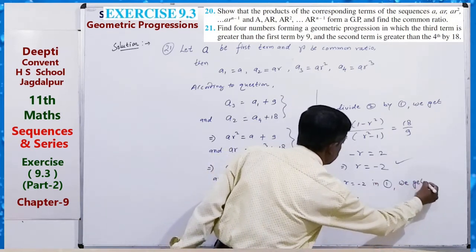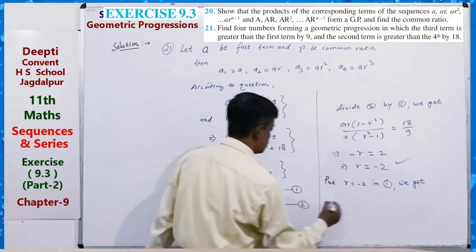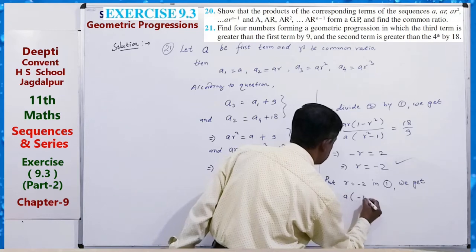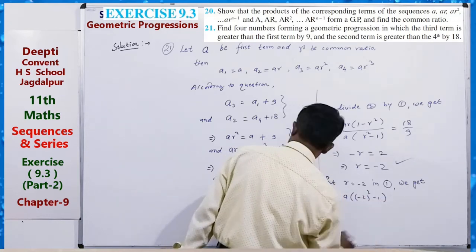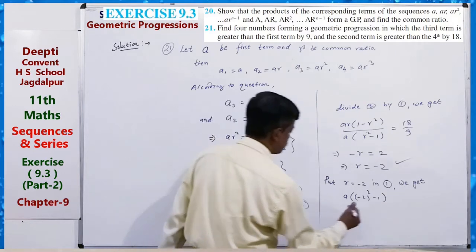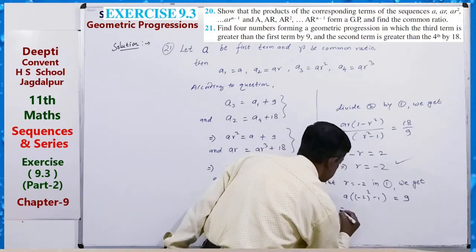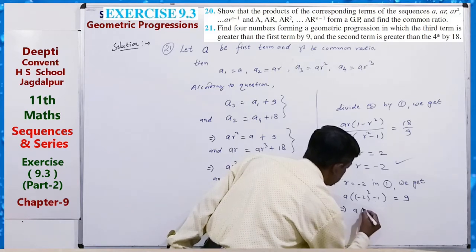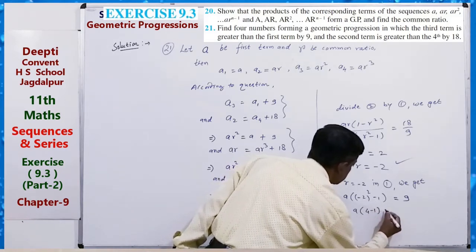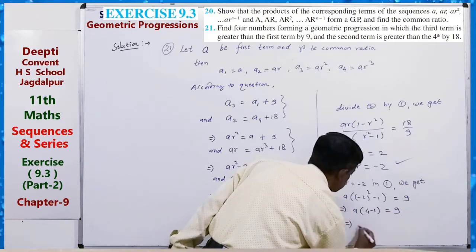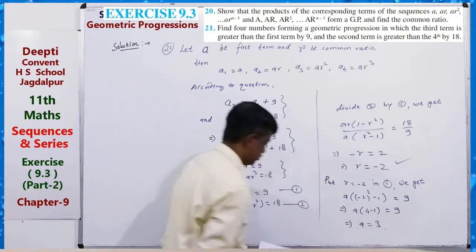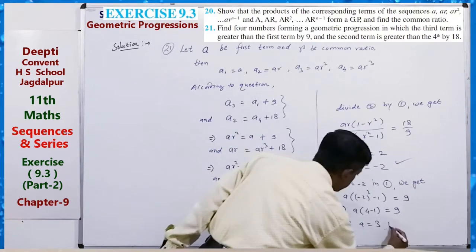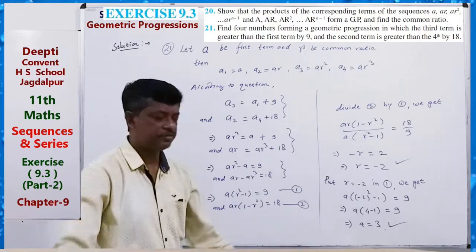We get A((minus 2) square minus 1) equals 9. So A times 3 equals 9, so A equals 3. So A equals 3 and R equals minus 2, and you can get the four numbers.